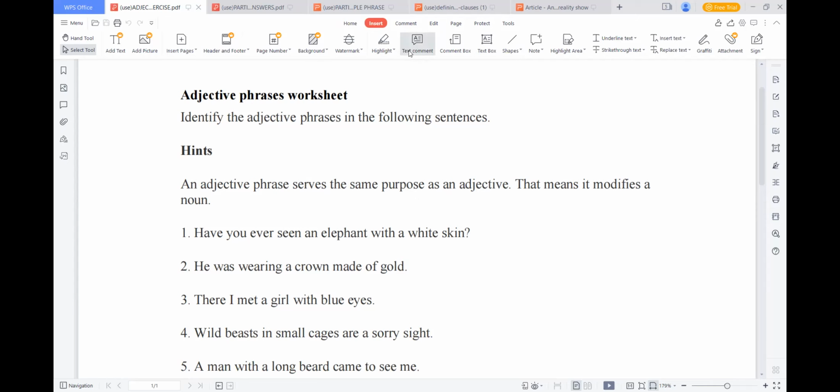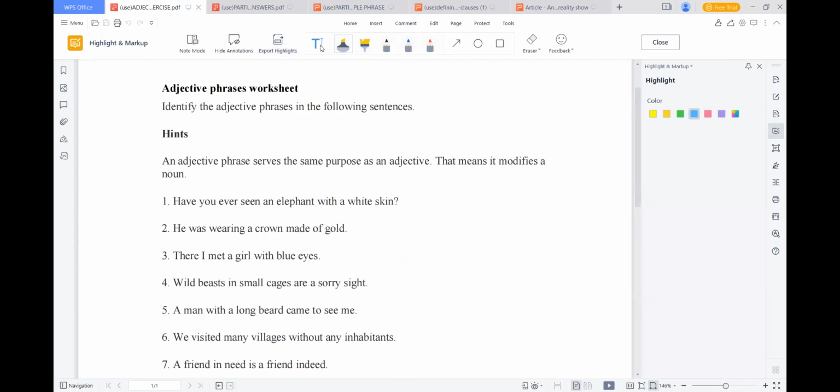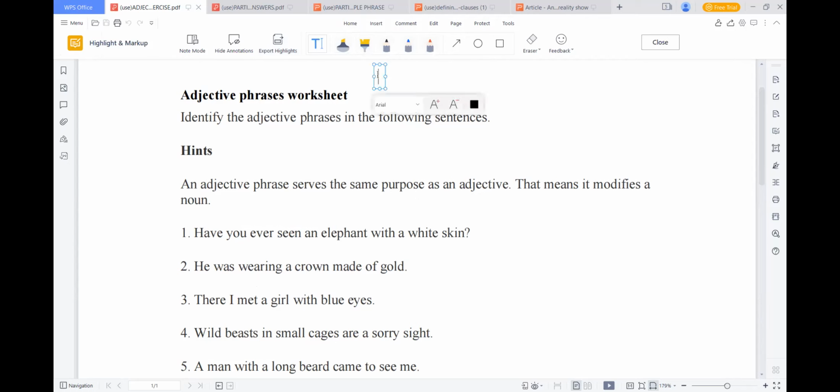Adjectives, as you know, are used to... hang on, let me type it out. Just a moment. Okay. The use of adjective is to describe a noun.